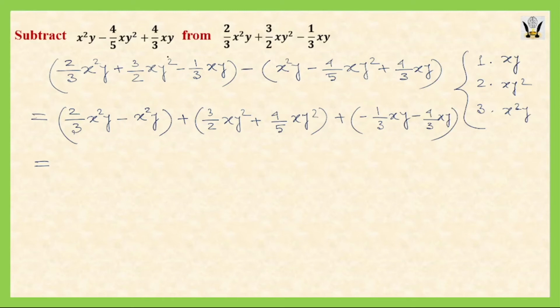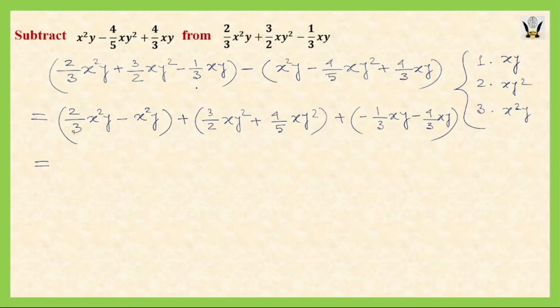Then we have xy square term in the first algebraic expression, and along with that we have coefficient 3 by 2 that we have written here. Then we have xy square term in the second expression also, and that coefficient is minus 4 by 5, and we are already subtracting, so we have the minus sign here. So minus minus it will be plus, so plus 4 by 5 xy square.